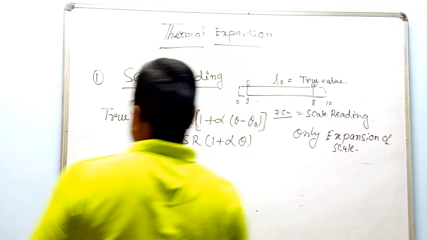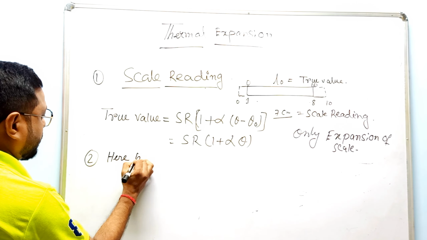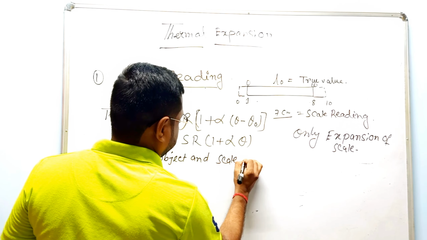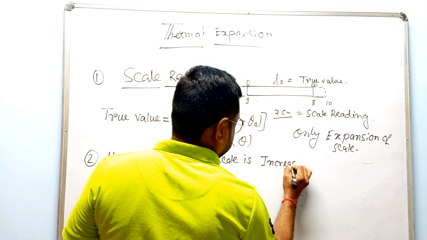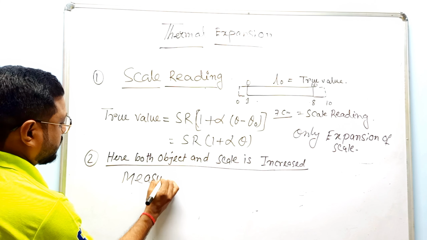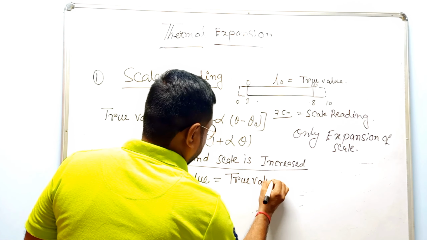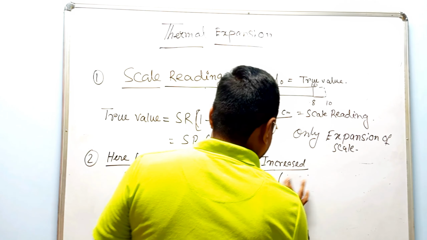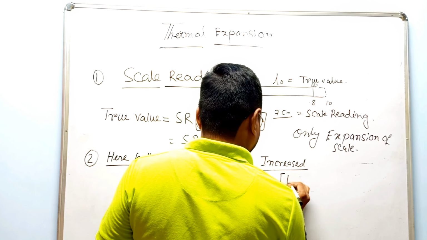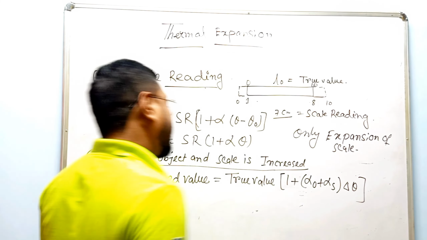But in the second case, when the object and scale both expand, the formula is: measured value equals true value into 1 plus alpha 0 plus alpha s into delta theta.